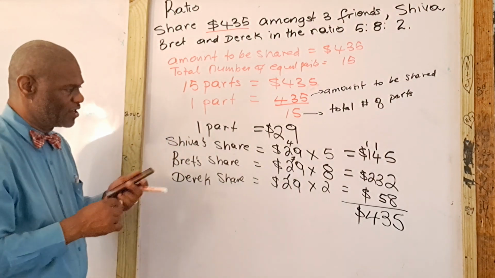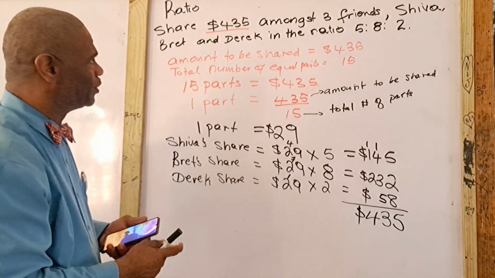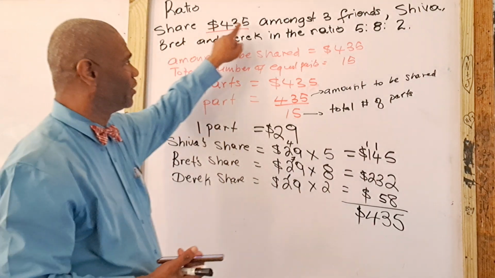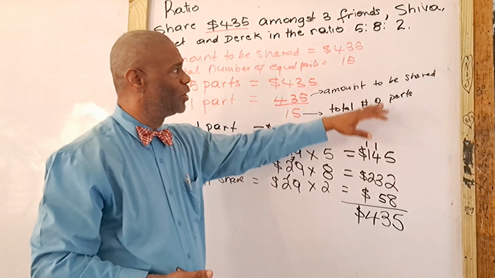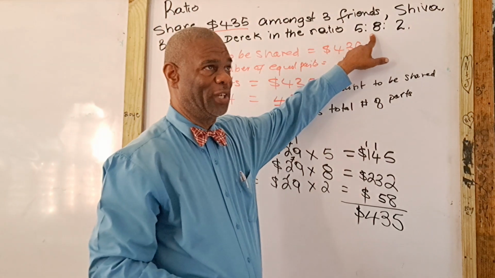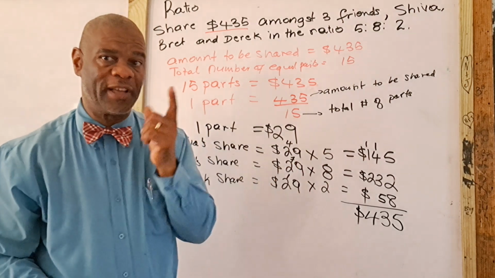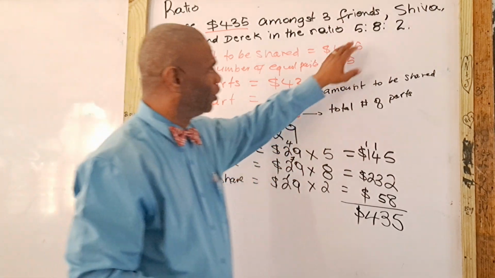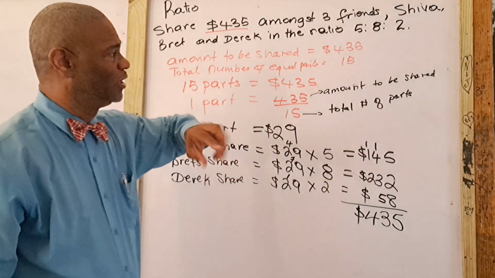Right? Now, let's just run through this one more time. So we are sharing $435 among 3 friends. These are the 3 friends. We said that the ratio in which the amount of money is to be shared represents the total number of parts. Right? So it's 5 plus 8 plus 2, and that's 15. Good?